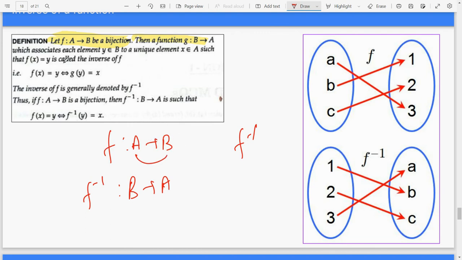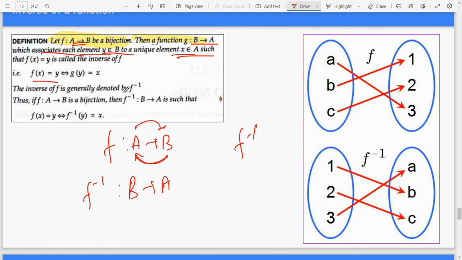So a function g from B to A, where the order has been changed, associates each element of B to a unique element of A. Earlier we associated an element of A to an element of B, but now we associate each element of B to an element of A. This is what the inverse function is. What this means is that if f(x) is equal to y, this implies that g(y) is equal to x.